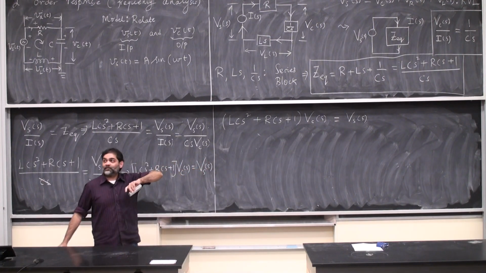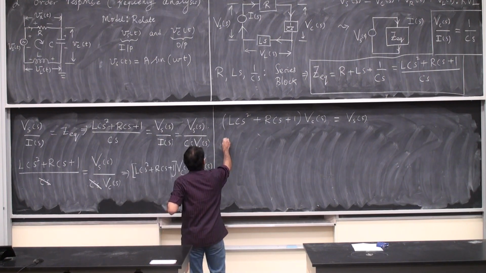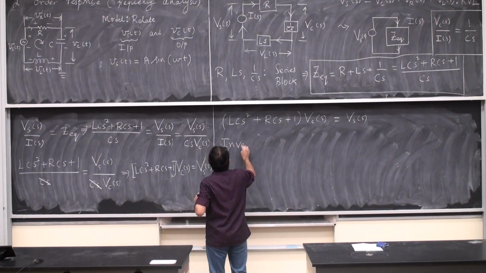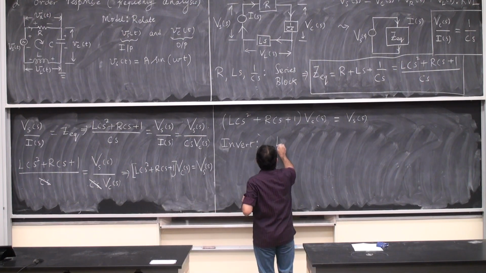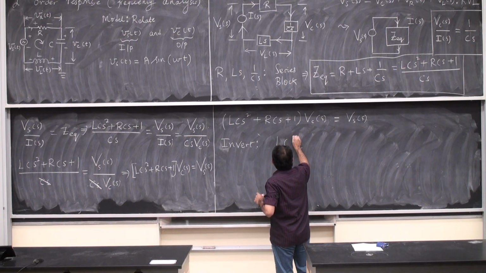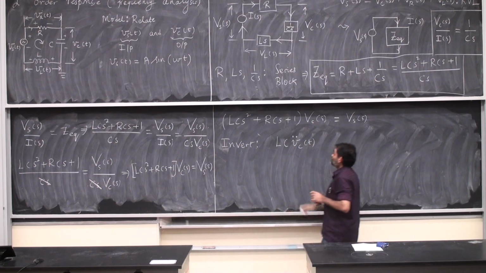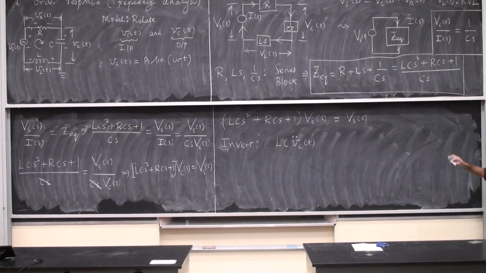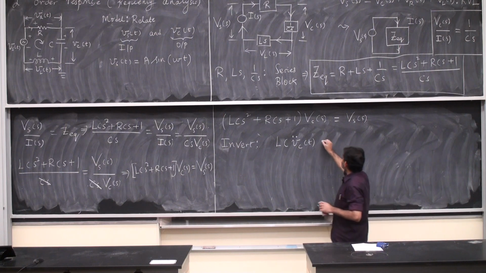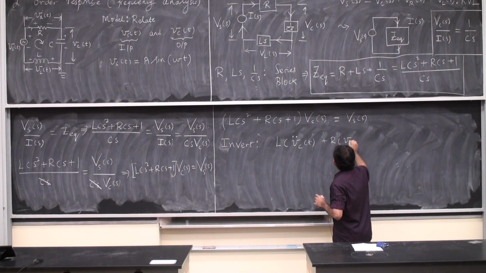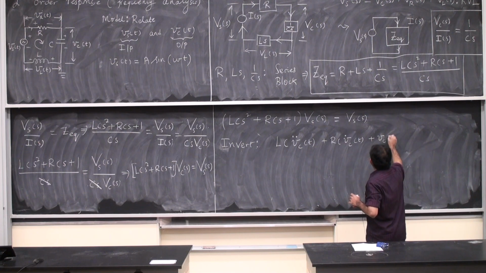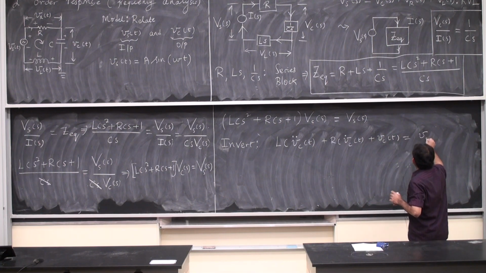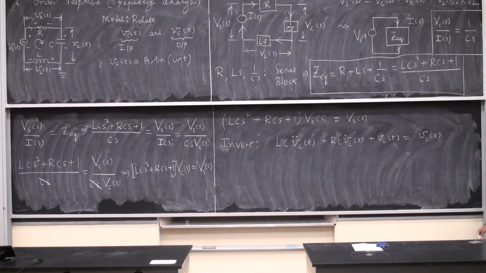Right? We've done this multiple times, so I'm going to skip the details. So invert. I get LC Vc double dot of t. Now I'm going back into the time domain. Then Rc Vc dot of t. Plus Vc is that, and this is obviously the system model in the time domain.